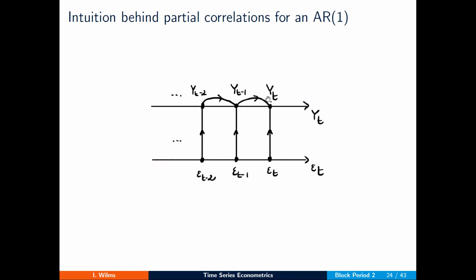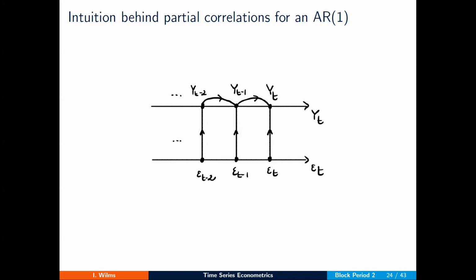And so then you will see that Y_t is directly influenced by Y_{t-1}, which I indicate through this arrow, as well as by the error process at the same time point t. Likewise, Y_{t-1} is directly influenced by Y_{t-2} and the error at the same time point t. Now, what would be the partial correlation at lag 1? Well, there are no time points in between to condition on. So that is simply the autocorrelation at lag 1.